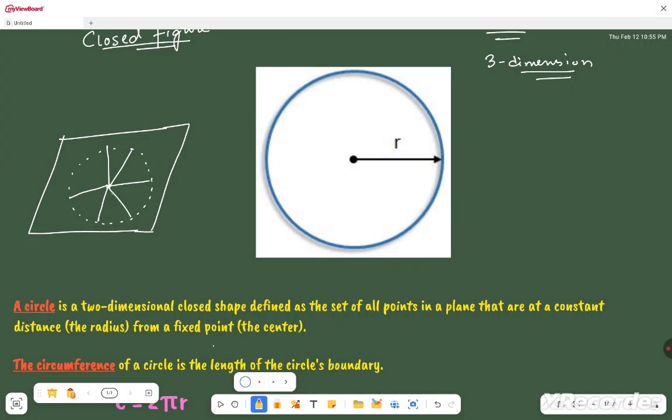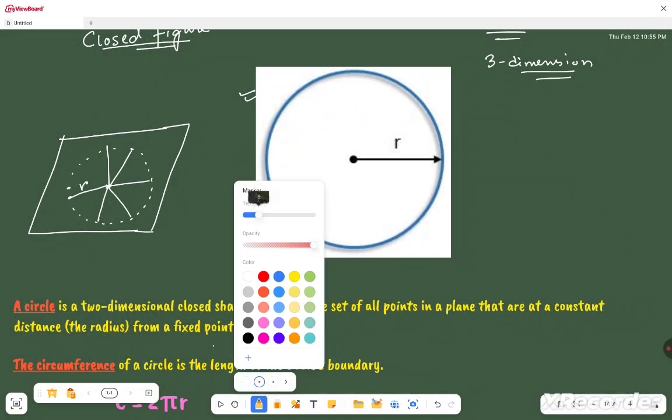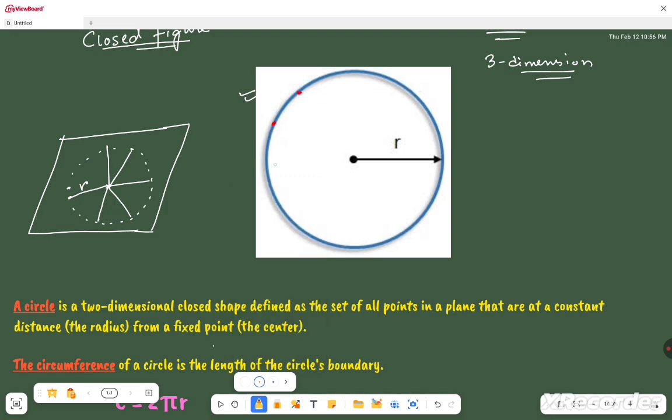And that fixed point is called the center, and the distance of this point from that fixed point is called the radius. As you can see in this figure, we have certain sets of points.